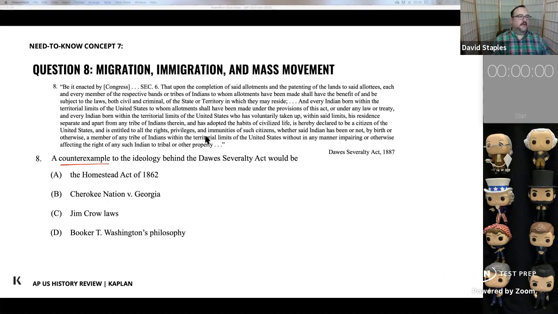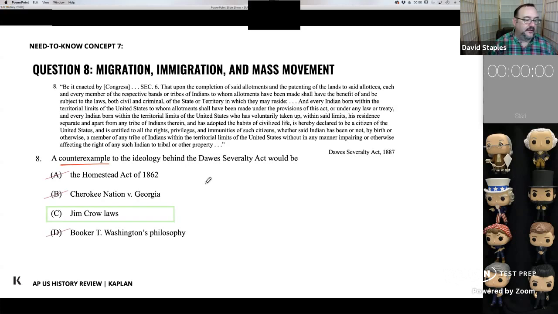All right, so a counterexample of this. What they're wanting to do is force Indians and whites to interact. So think about what would be the opposite of that. It's going to be C, the Jim Crow laws, which were trying to force Blacks and whites apart.